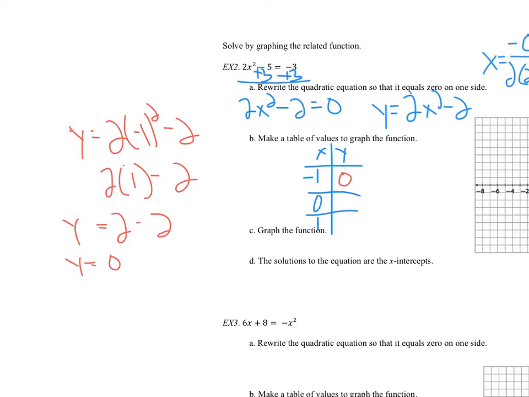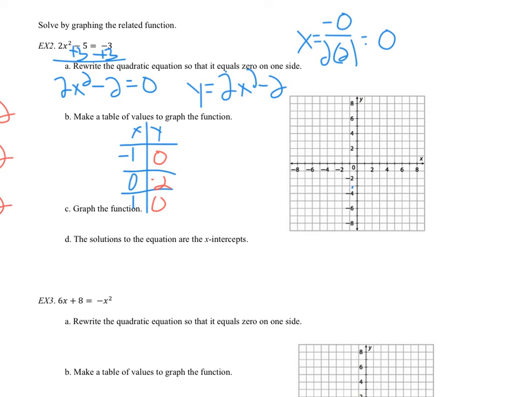Now we'll do the same with 0, substitute that in. So we go 0, 0 squared is 0, 0 times 2 is 0, and then we get negative 2 there. And then we do the same thing with 1, and we get 2 minus 2, which is 0.